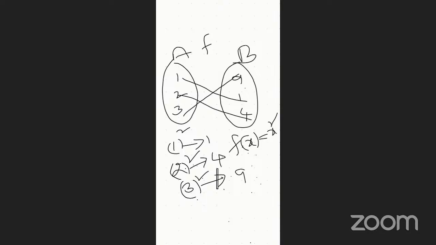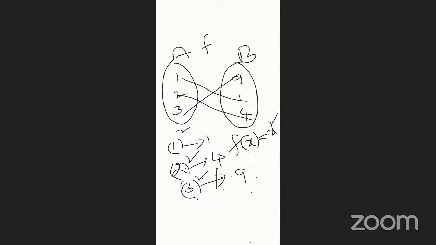So what relation do we derive here? f of x equals x square. So that's the meaning of the function: the relation between two non-empty sets is called a function.